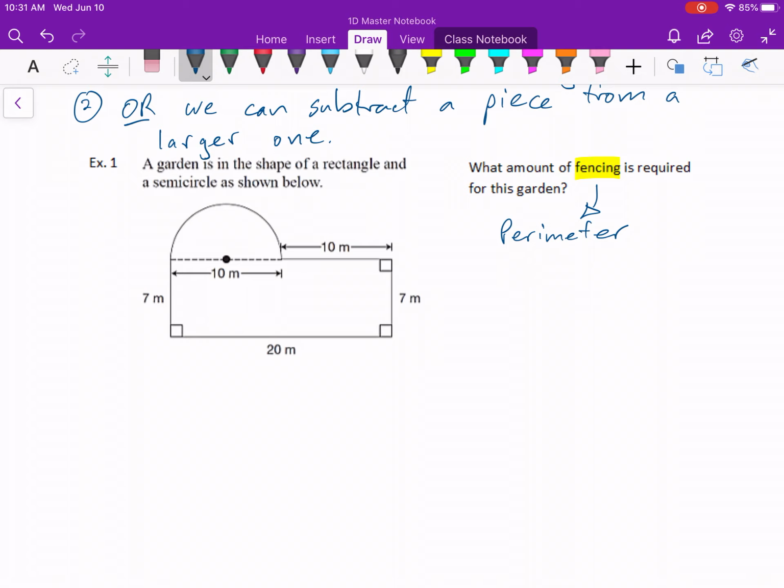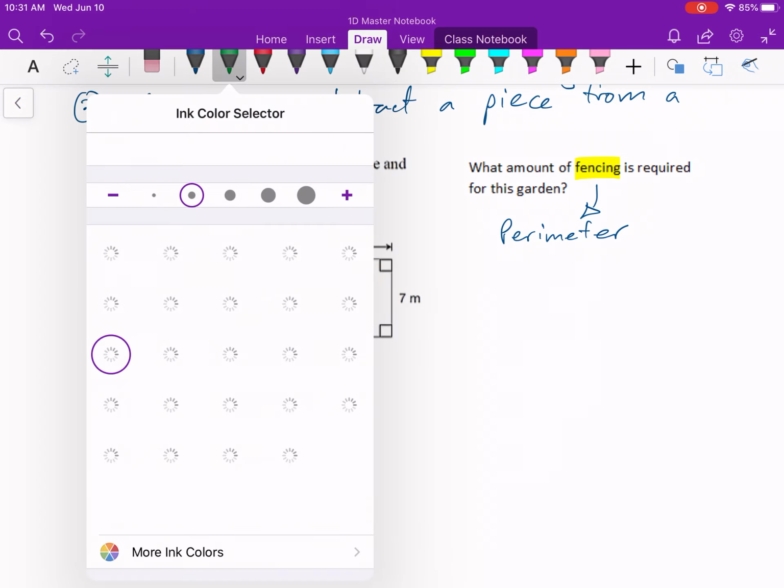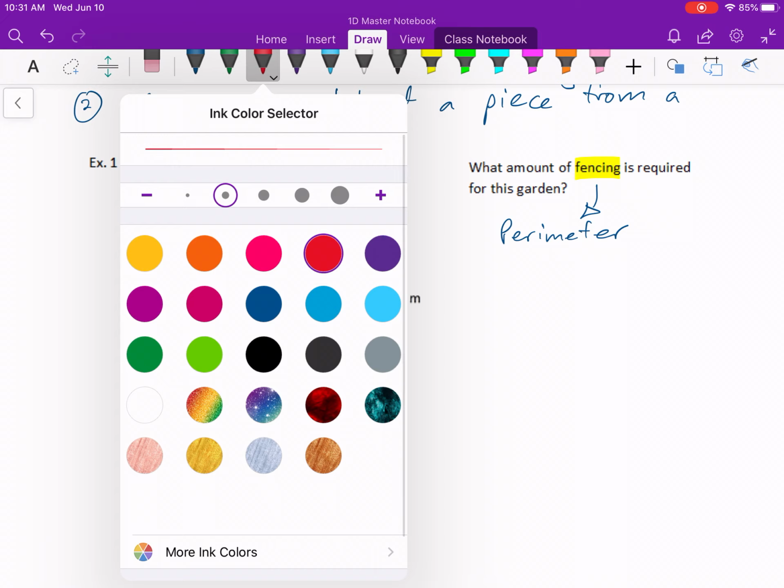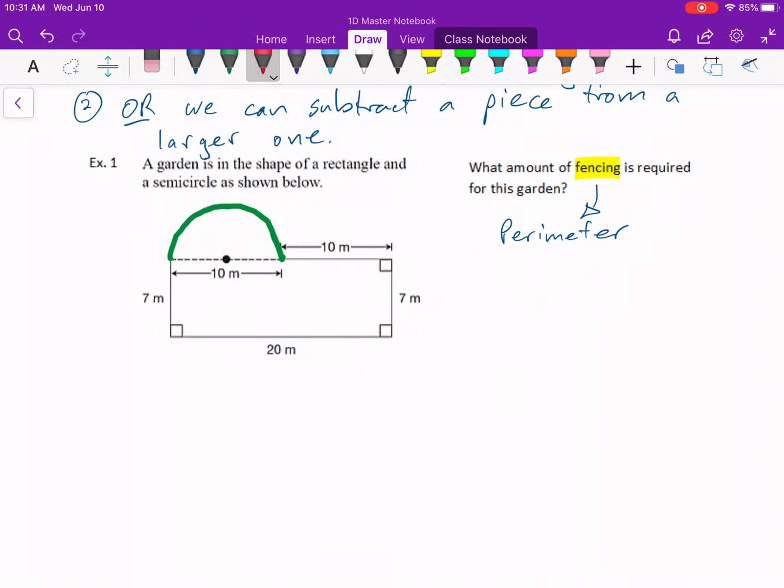So if you take a look, there's a couple parts. Here's the semicircle. Let's make this bigger. And there is the part of the rectangle anyway. So we have this.